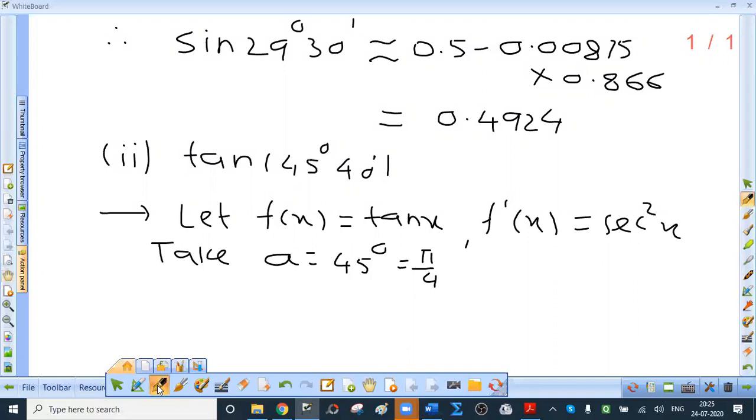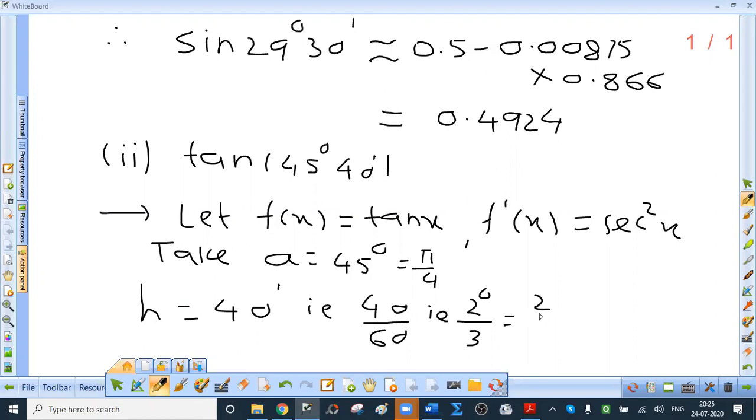Okay, and what is h? h is 40 minute, that is 40 upon 60 degree. I will write 2 upon 3 degree. Okay. Now multiplied by 0.0175.